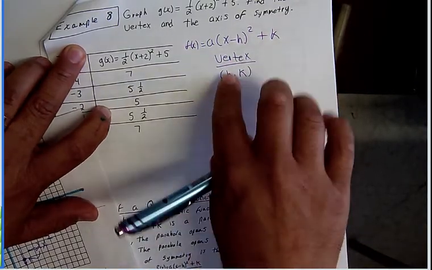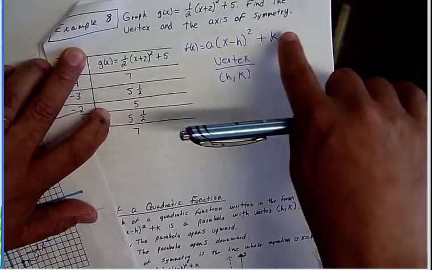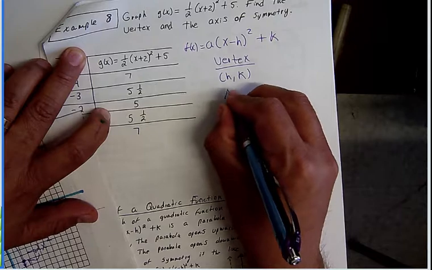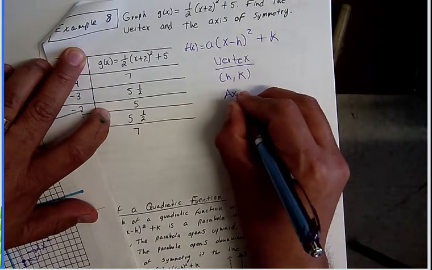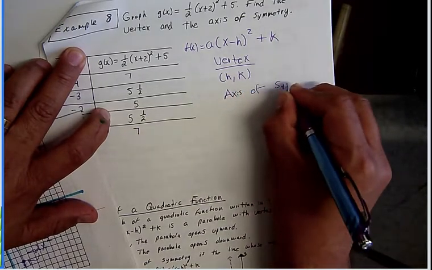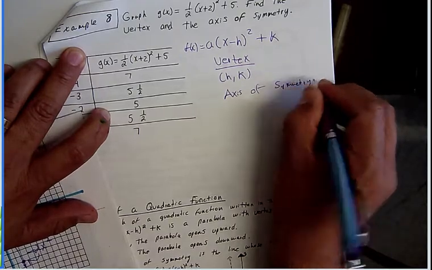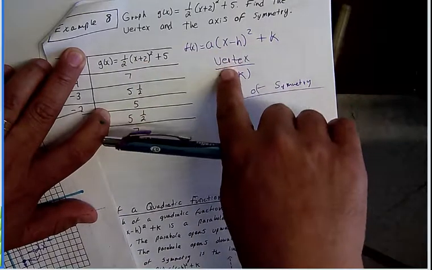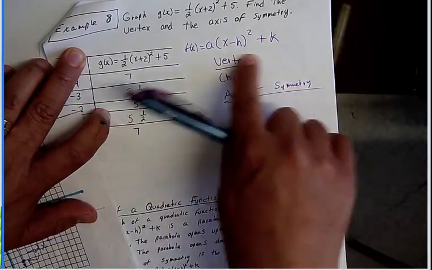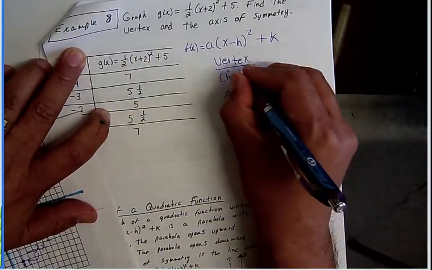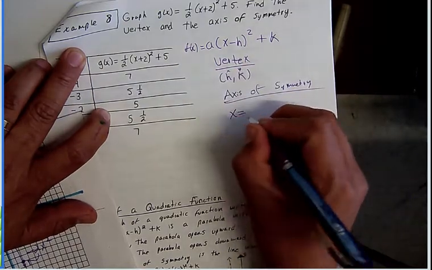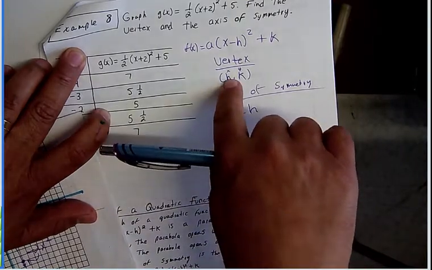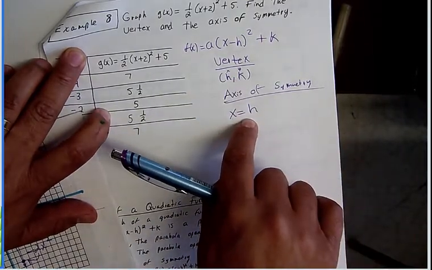Whatever number's here and whatever number's here would be the h and the k of the vertex. The axis of symmetry for this one would always be the h, or the x value of the vertex. So you denote it by x equals h in general terms. Whatever the h is, that would be the axis of symmetry.